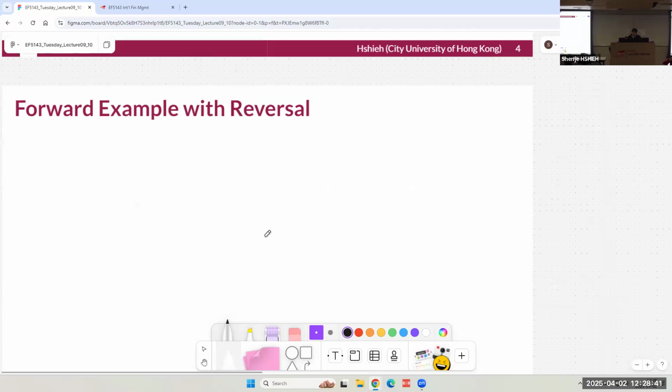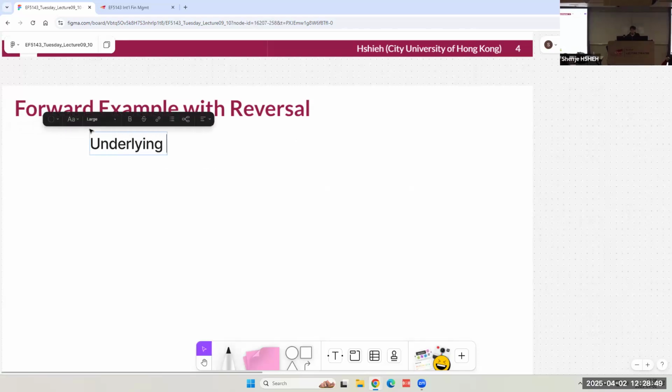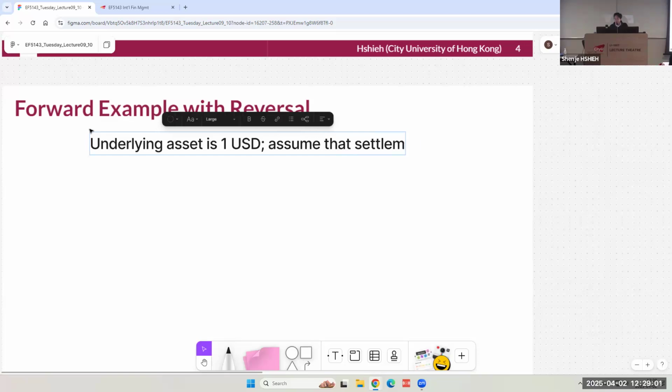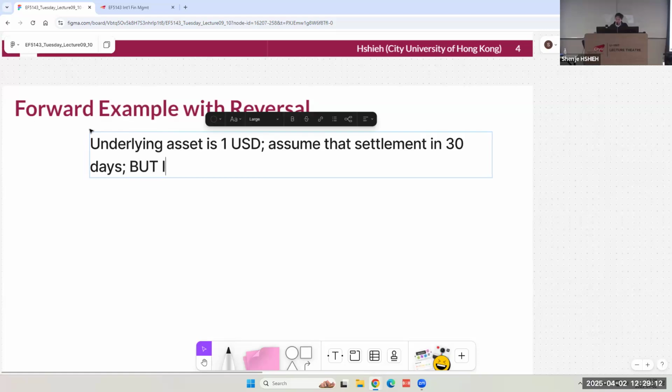All right, so take, for example, a delivery of just a dollar. So let's say the underlying asset is $1, and assume that settlement is in 30 days, but I want to close my position, meaning I don't actually want to make the delivery before settlement.